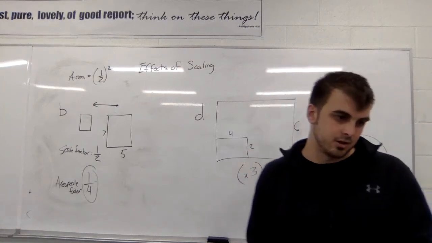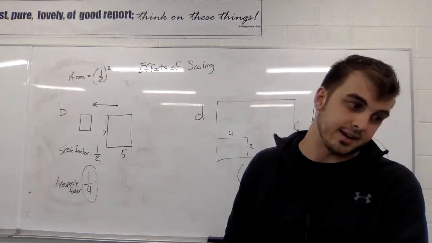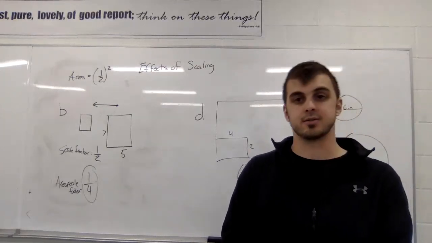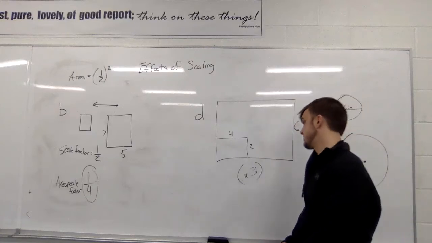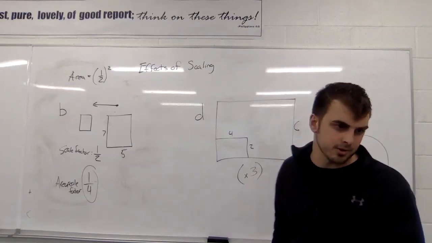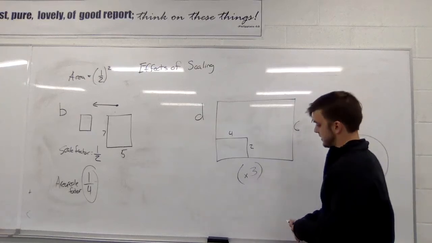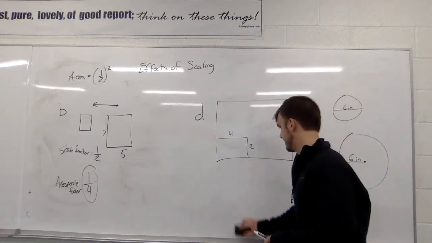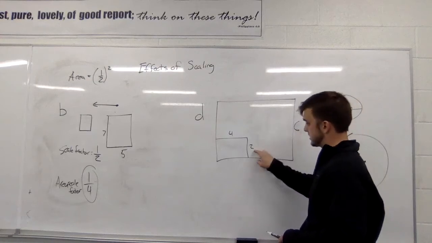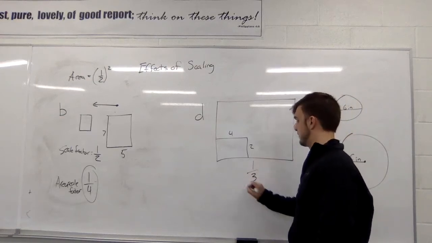Then they want to know, find the ratio of the perimeters and areas of the larger rectangle to the smaller rectangle. So the ratio of the perimeters is times 3. Which way are we going? From the larger to the smaller. So back up, going from larger to smaller, 6 to 2 is what? You multiply by 1/3 for the perimeter.